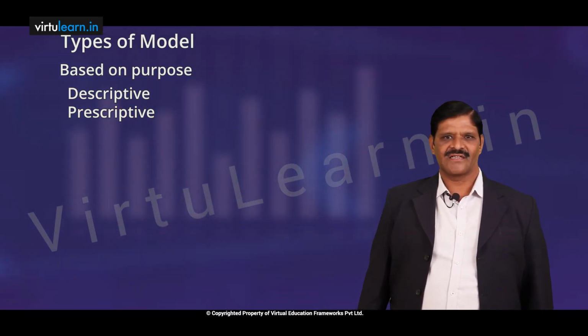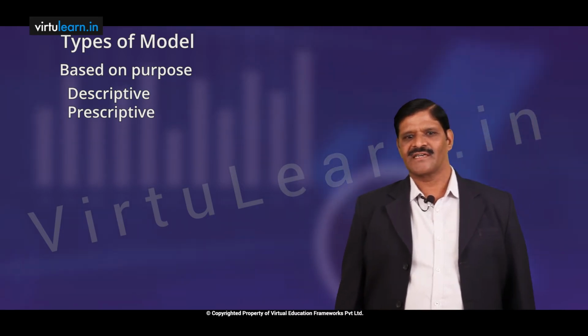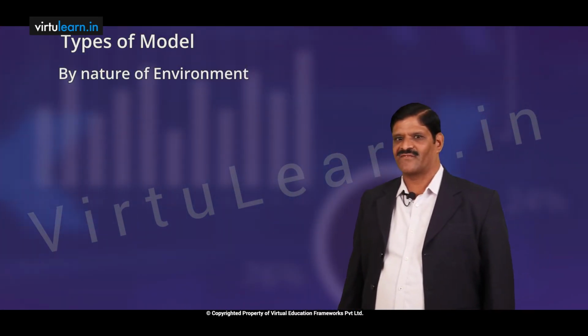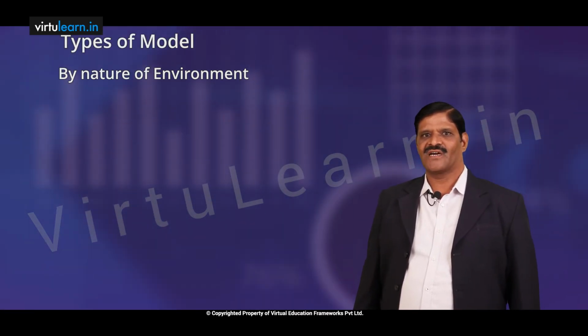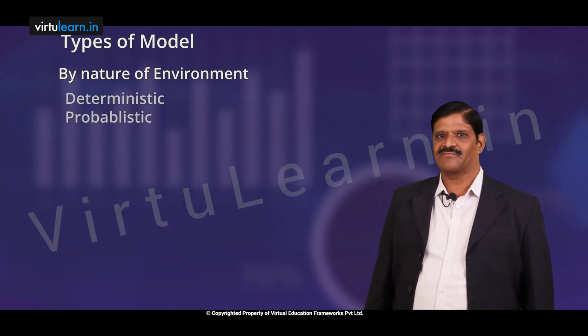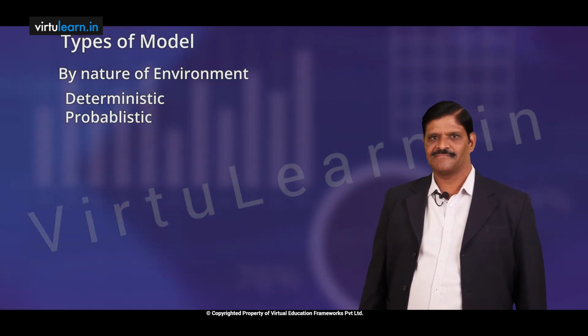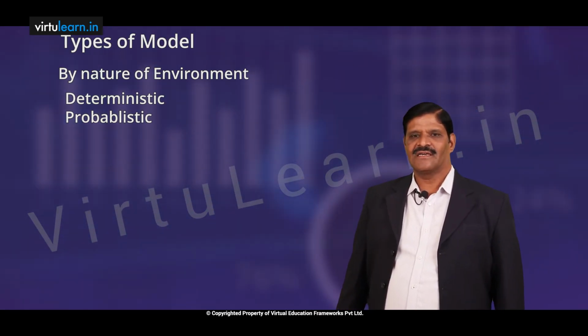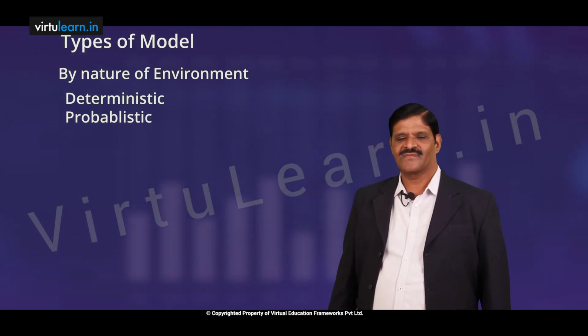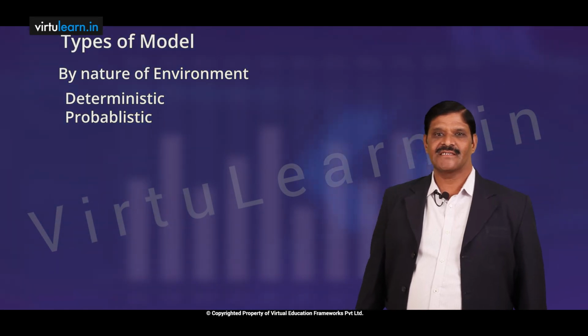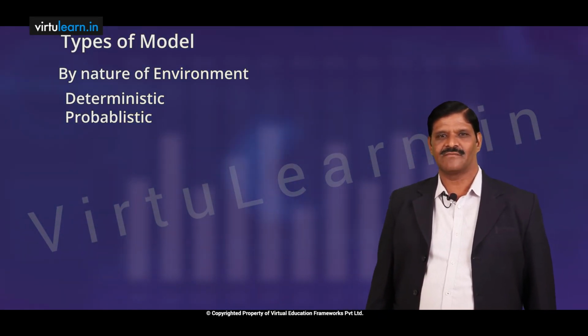Similarly, we have another classification known as by nature of environment. Based on nature of environment, we have two types of models: deterministic model and probabilistic model. In a deterministic model, all the variables are clearly known to the manager, and these are applied to structured problems.